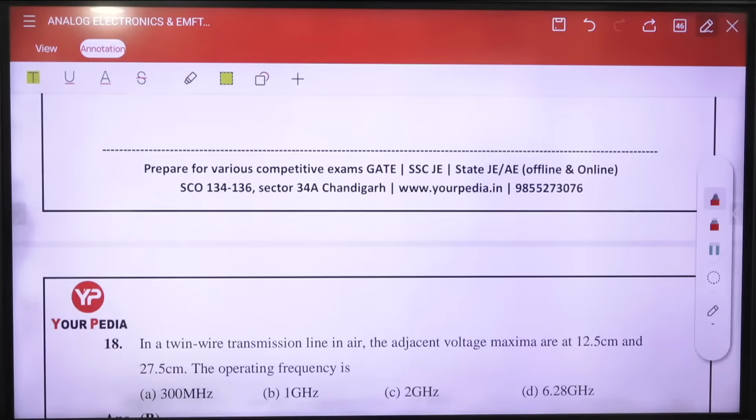In a twin wire transmission line in air, the adjacent voltage maxima are 12.5 and 27.5 centimeters apart. What is the operating frequency? Whenever you have a transmission line or EM wave, how far apart are adjacent maxima? Two maxima are apart by lambda by 2.